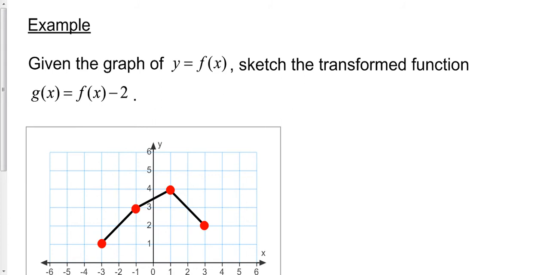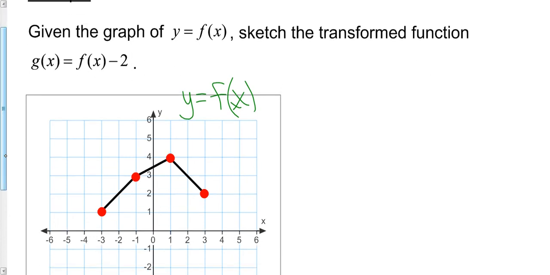Let's do another example. Given the graph y equals f of x, we're going to sketch the transformed function g of x equals f of x minus 2. So what does this mean? This means that k is equal to negative 2, which means I'm moving down the absolute value of negative 2, which is 2.